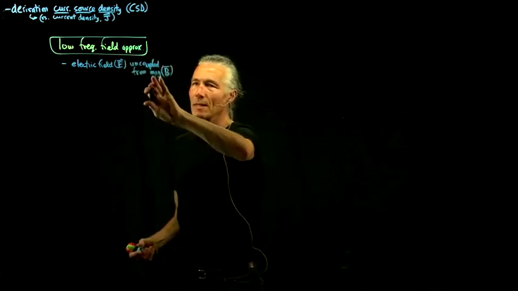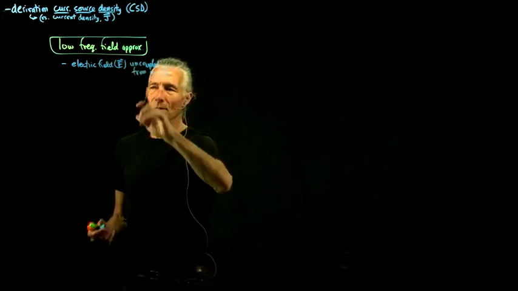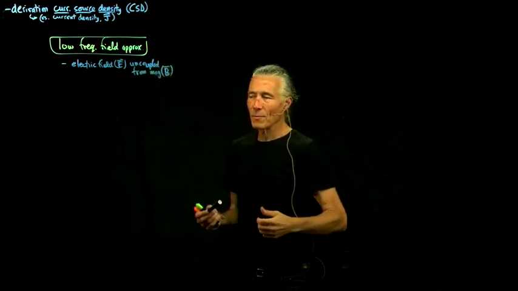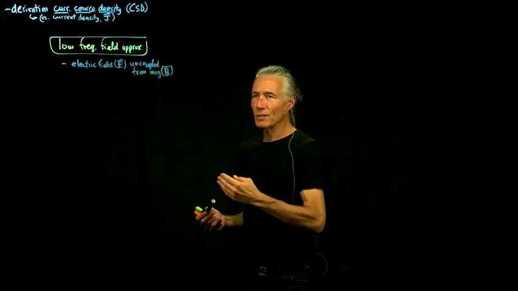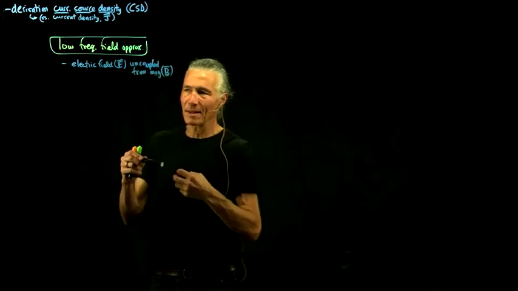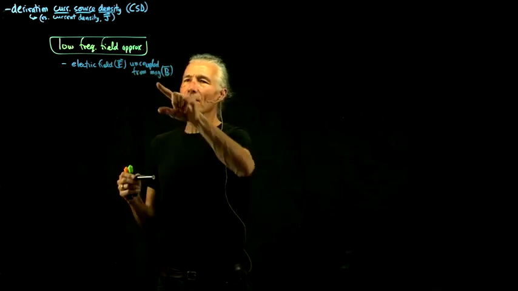So they don't affect each other. But of course, we know that if you make a current, if you move some charges which are generating E fields, you get a magnetic field.